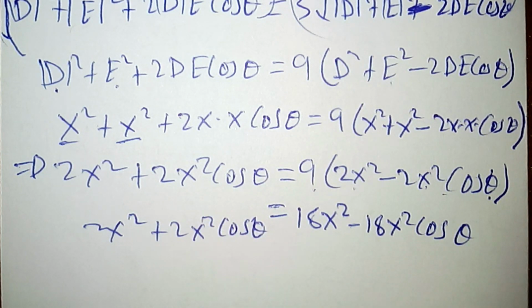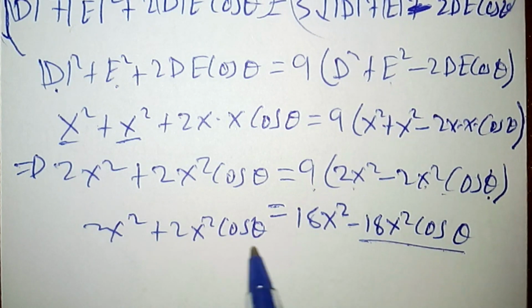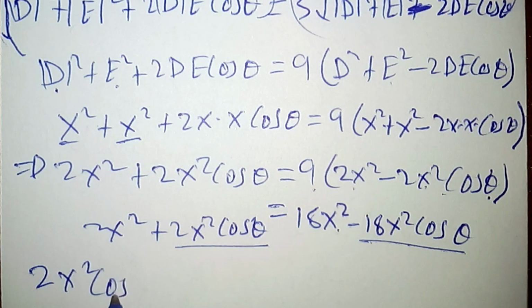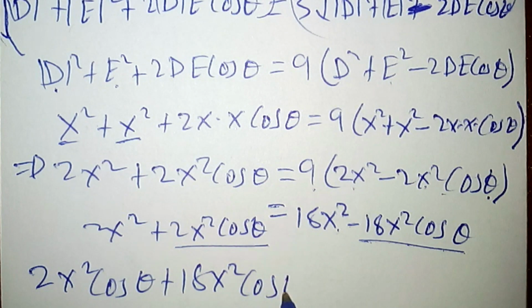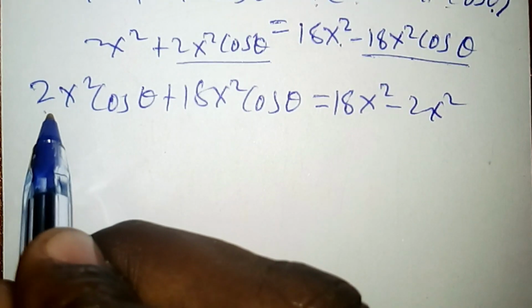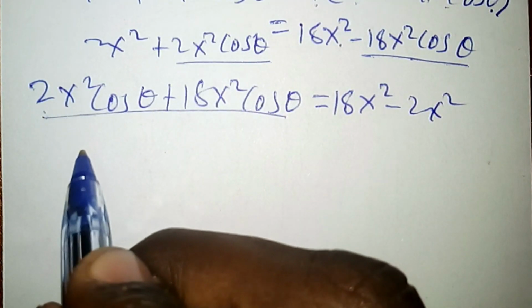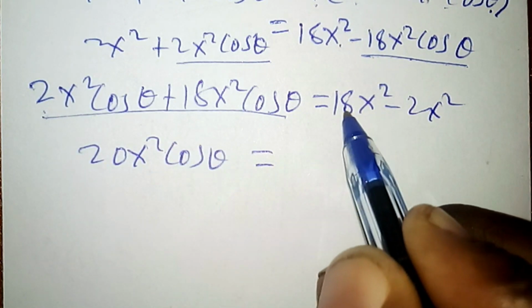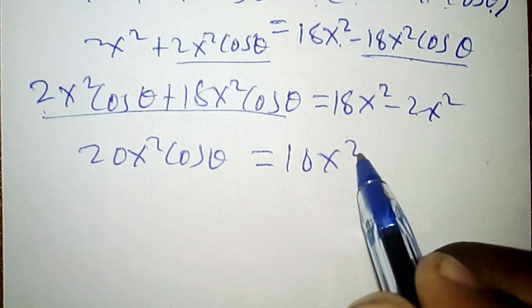So I collect the like terms together. That means the terms with cos go to this side and the other terms to the other side. So I have 2x squared cos theta plus 18x squared cos theta is equal to 18x squared minus 2x squared. If I add this together, I have 20x squared cos theta, which is equal to 18 minus 2, which is 16, times x squared.